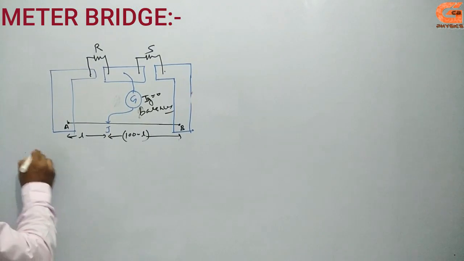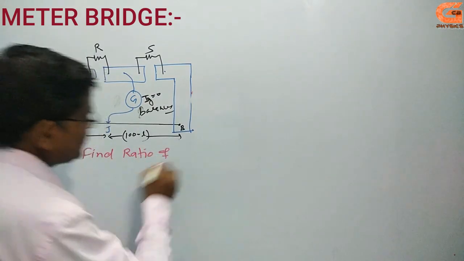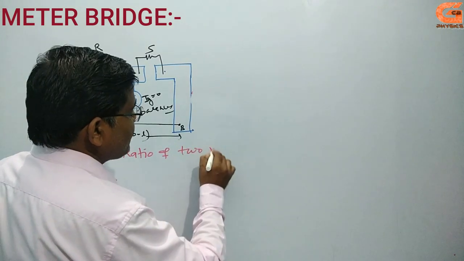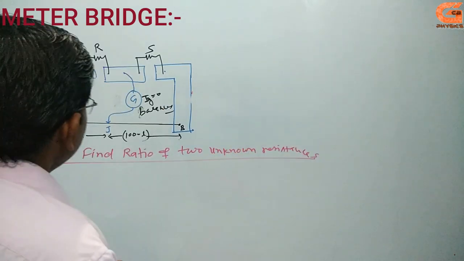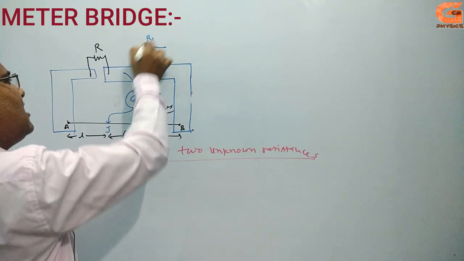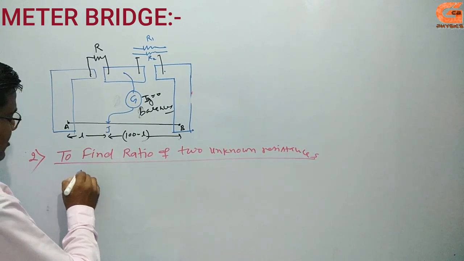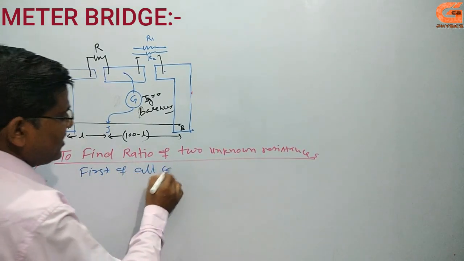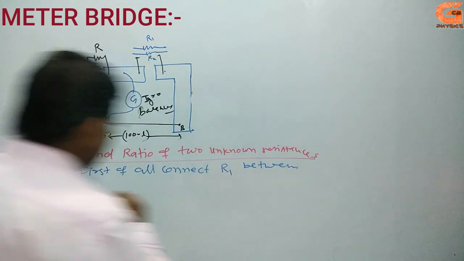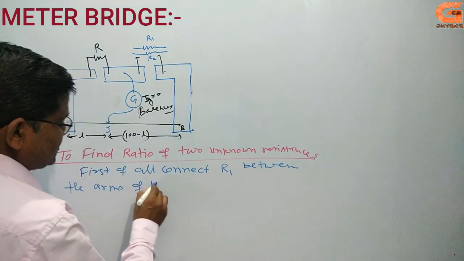The second application is to find the ratio of two unknown resistances. This is the place for connecting the unknown resistance. There are two resistances, R1 and R2. First of all, connect R1 between the arms of the unknown resistance.